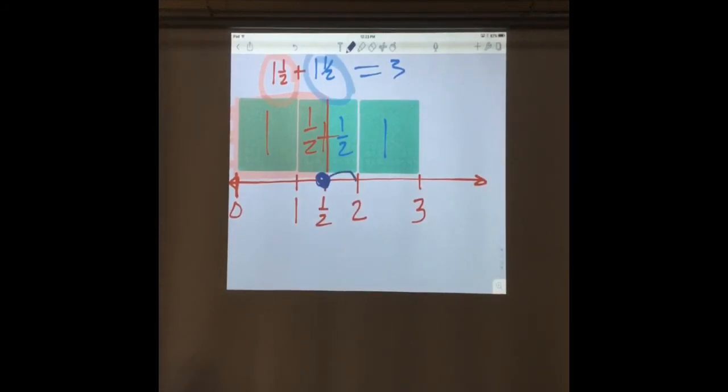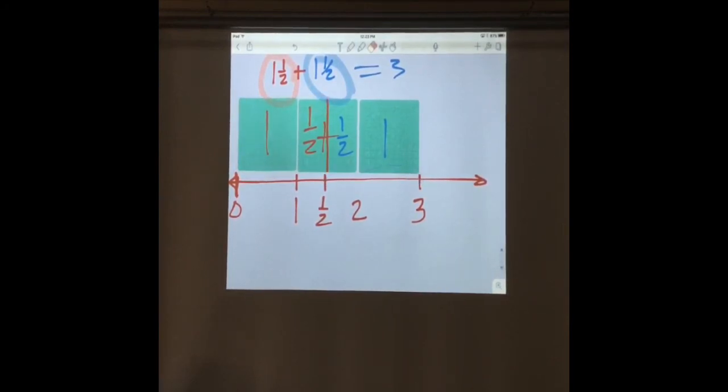So there's a half, and then I added 1 more, and what's my answer going to be? 3, and that's where my dot's going to be. So I'm showing you on a number line that I had 1.5, that's right here, and then I added another 1.5, and that's how I got 3. Okay? Is that too much? Too hard? No. I hope not.